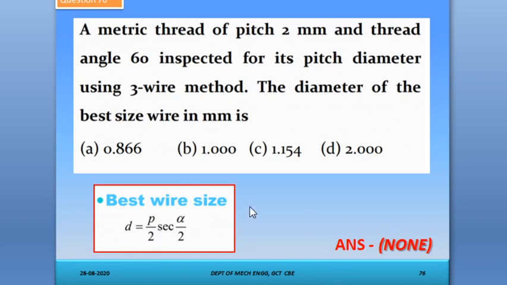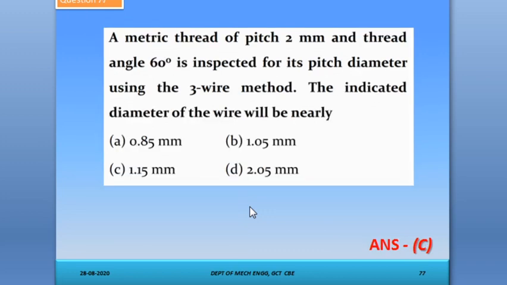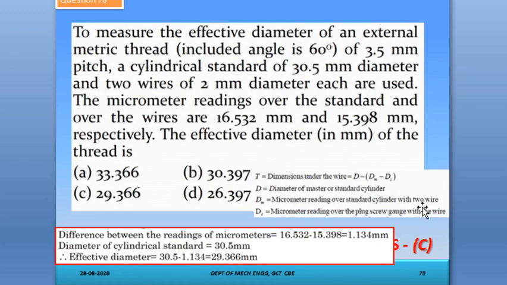The values are also the same. The answer is C, 1.15 mm.